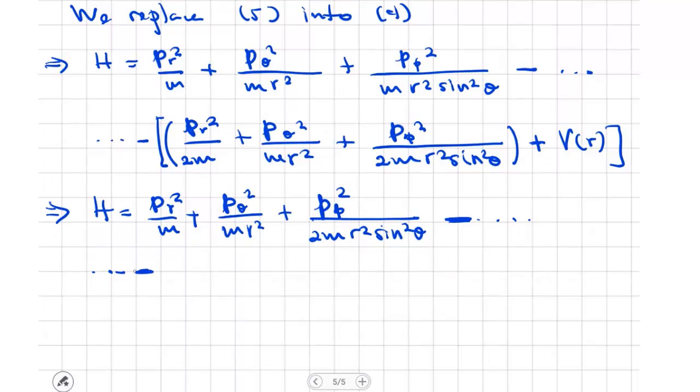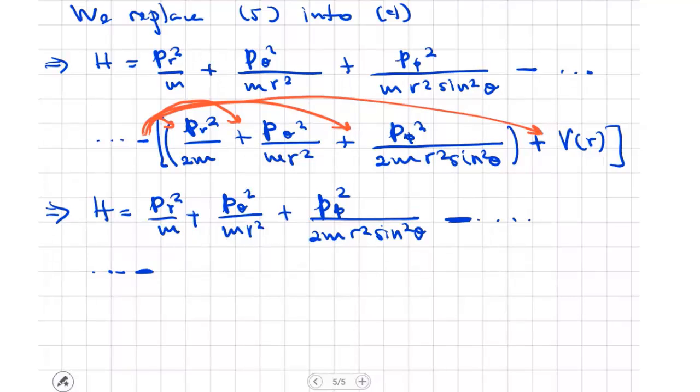So minus, I distribute the terms, the minus sign to each term.